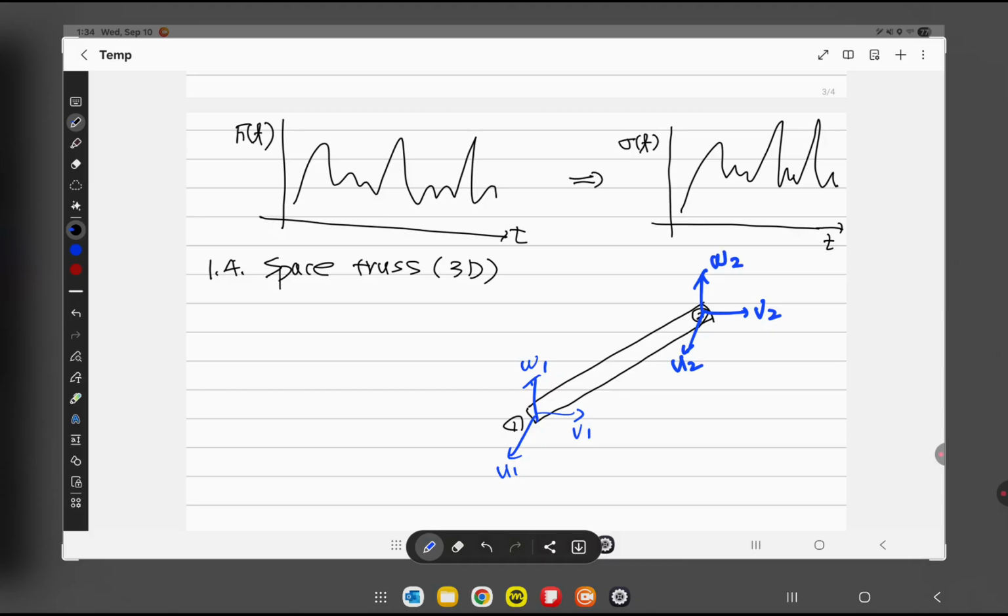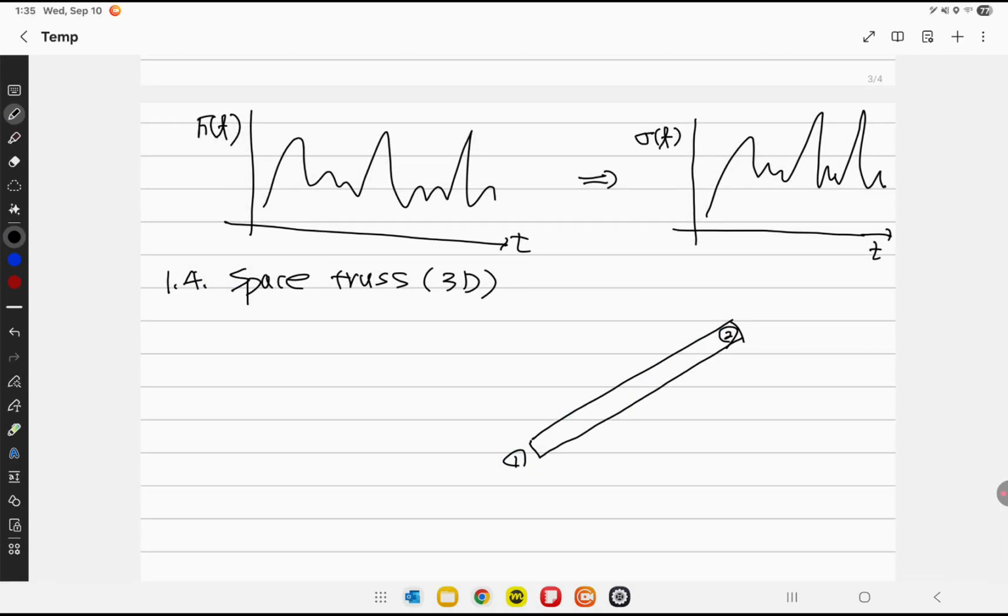Do it again: U1, V1, W1, and U2, V2, and W2.